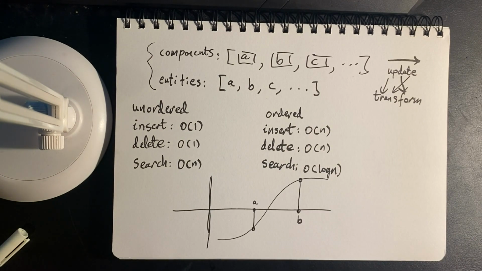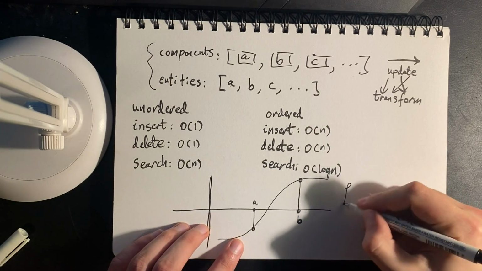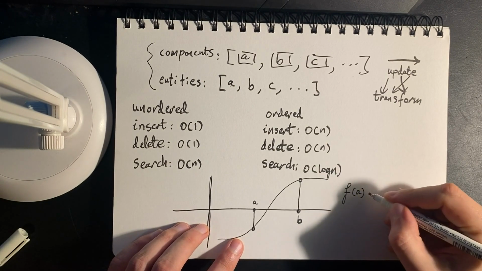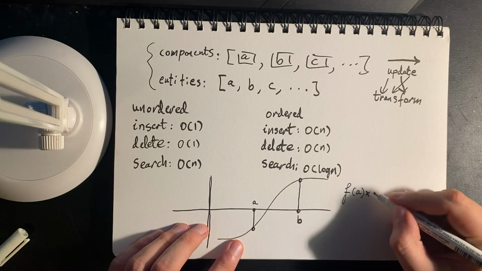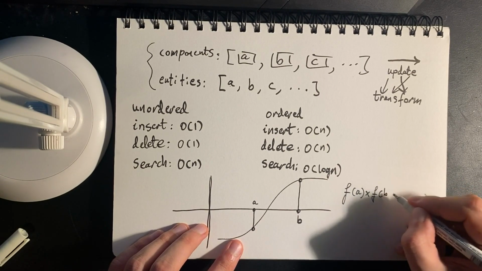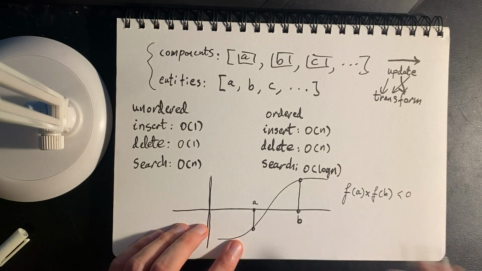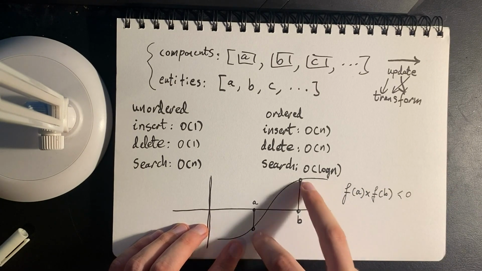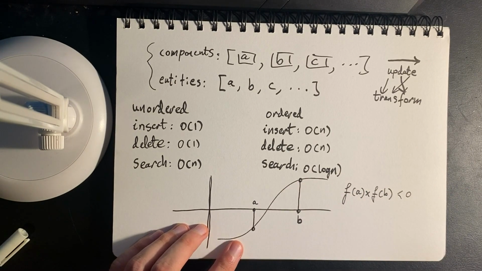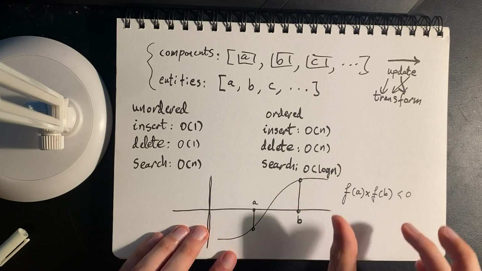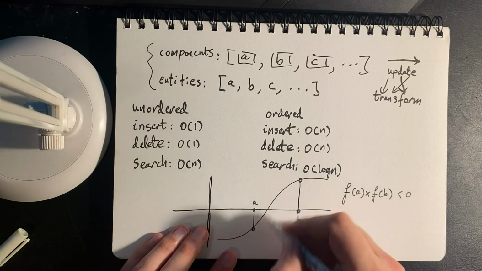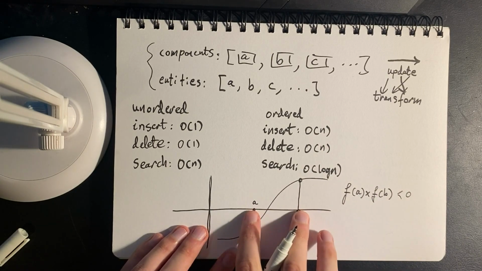Because this function is continuous, let's say the value at x equals A is less than 0 and at B is bigger than 0. A quick way that we can check if 2 numbers have opposite signs is to multiply them together. And if the result is less than 0, then these 2 numbers have opposite signs. So provided that condition is met, we have a guarantee that there's a root somewhere on this interval.